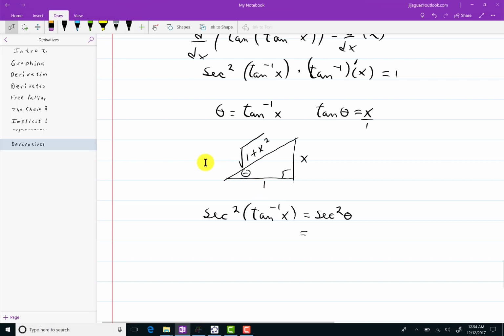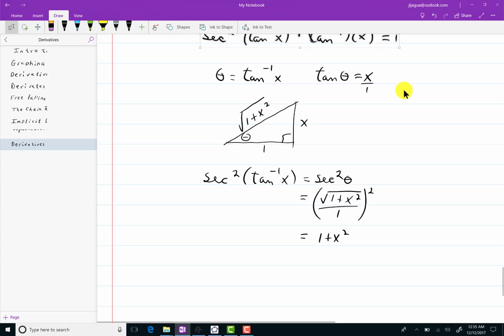So it's the square root of 1 plus x squared over 1. But then I got to do secant squared, so I got to square this. So that equals 1 plus x squared. So let me grab this guy up here. This was the thing I was working with before. Bring it down here.